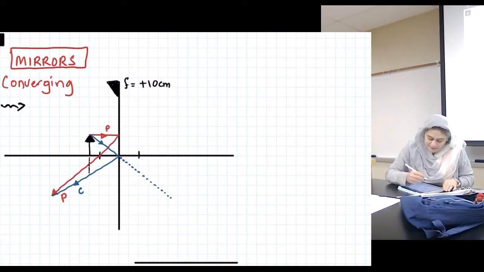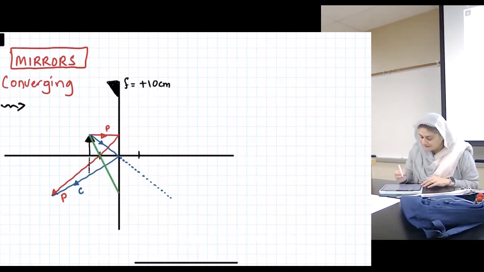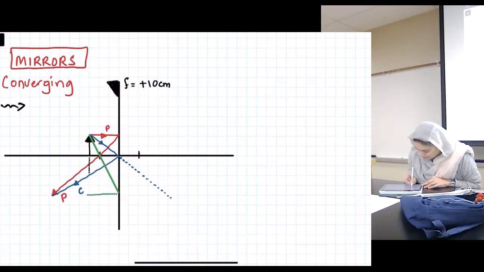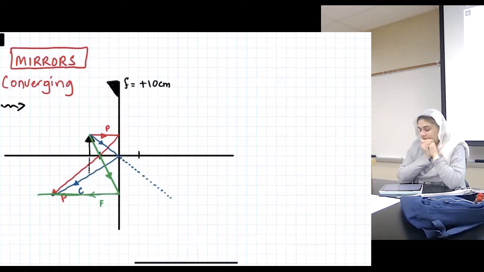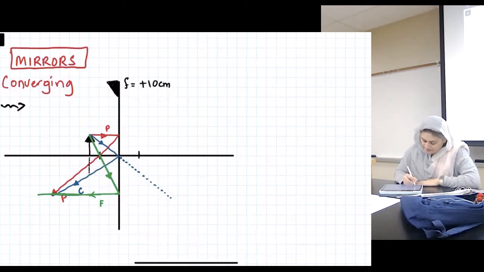So your focal ray will start at the top here, go through the focal length, and hit down here somewhere. And what does the focal ray do after it hits? It goes parallel. And where do all three meet? This spot right here. And that's where your image will be.